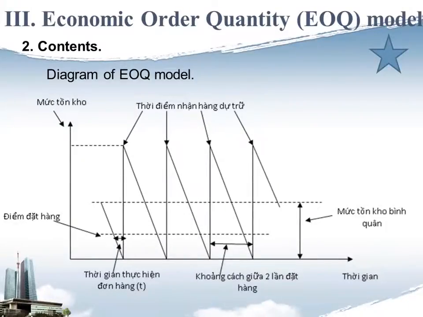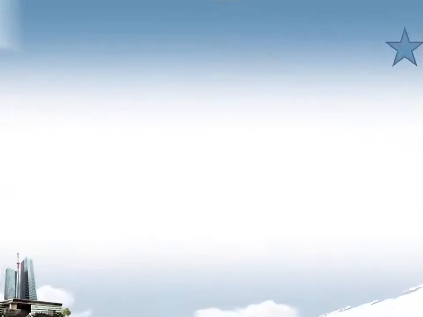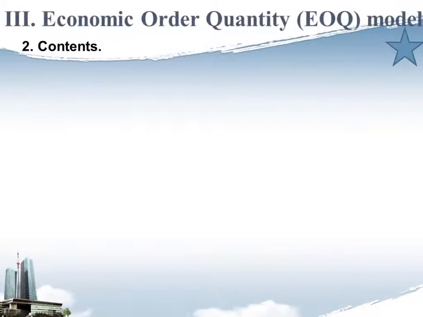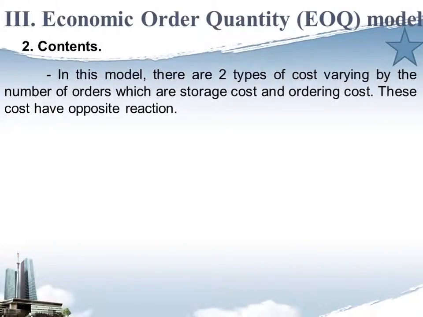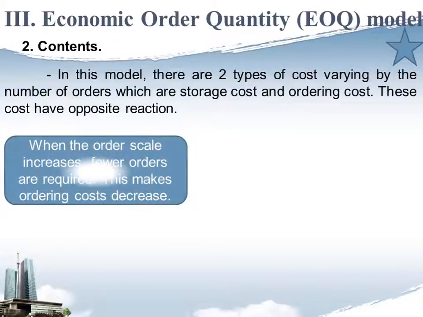The contents of the EOQ model. In this model, there are two types of cost that vary with the number of orders, which are storage costs and ordering costs. The costs have opposite reactions. When the order scale increases, fewer orders are required.